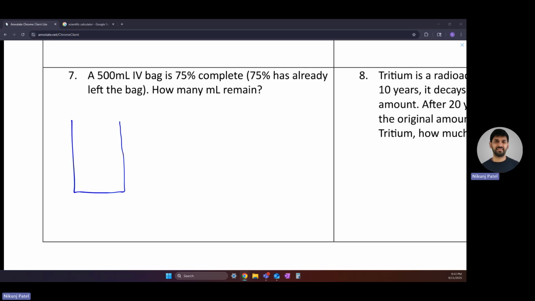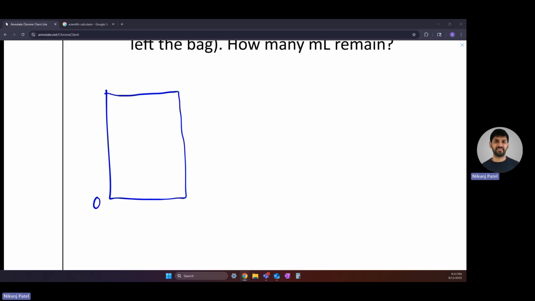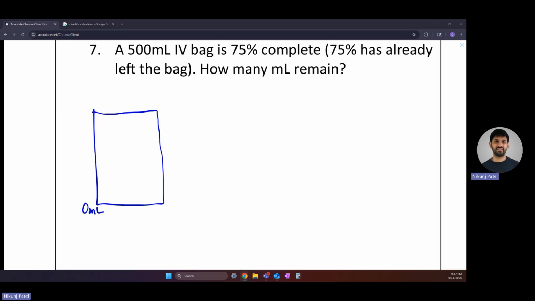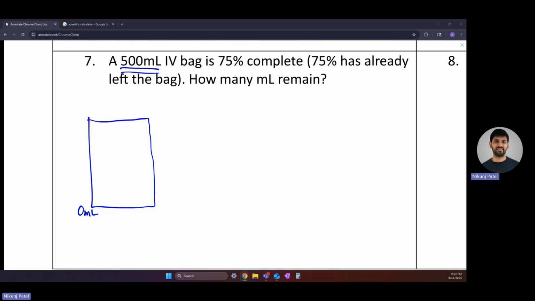So we've got our IV bag, for example. Down here is the level 0 milliliters, since our IV bag is measured in 500 milliliters. At the top, I'm going to put 500 milliliters. 0 when it's empty, 500 when it's full.